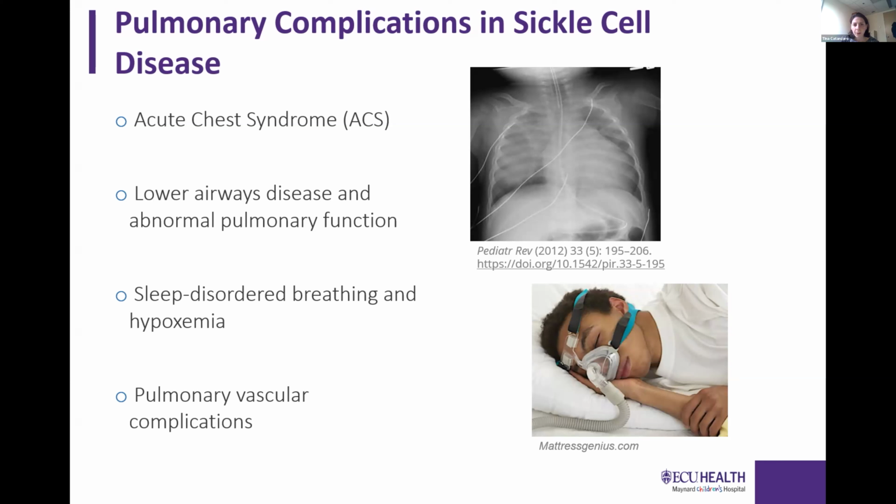So lower airway disease and abnormal pulmonary function: how is that affecting their day-to-day in terms of respiratory symptoms? Also sleep disordered breathing, obstructive sleep apnea, which we know is prominent in this population. And then pulmonary vascular complications, such as pulmonary hypertension.